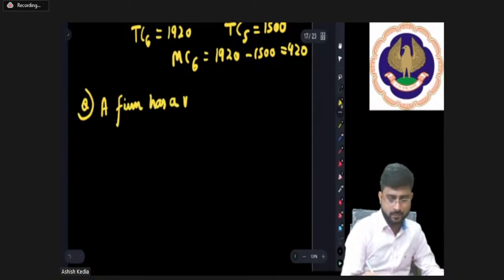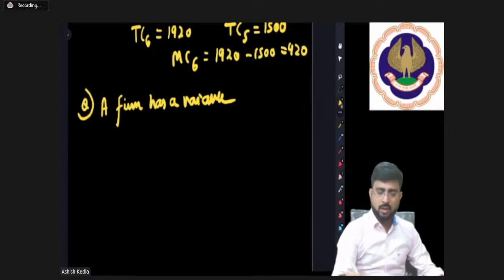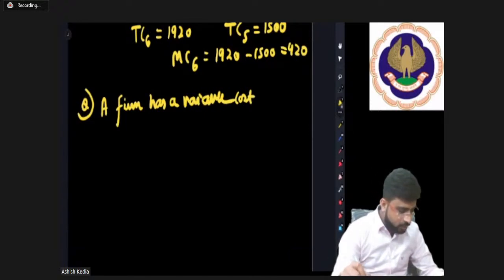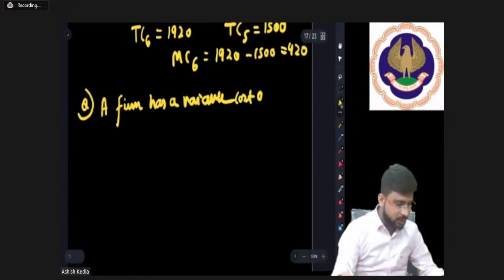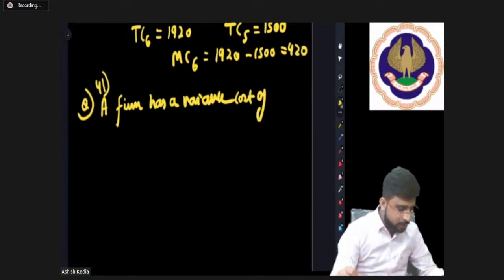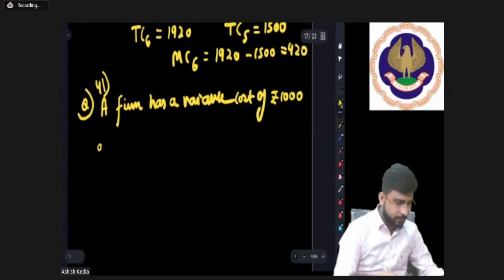A firm has a variable cost of rupees 1000 at 5 units of output. This is question 41 in the institute's material.